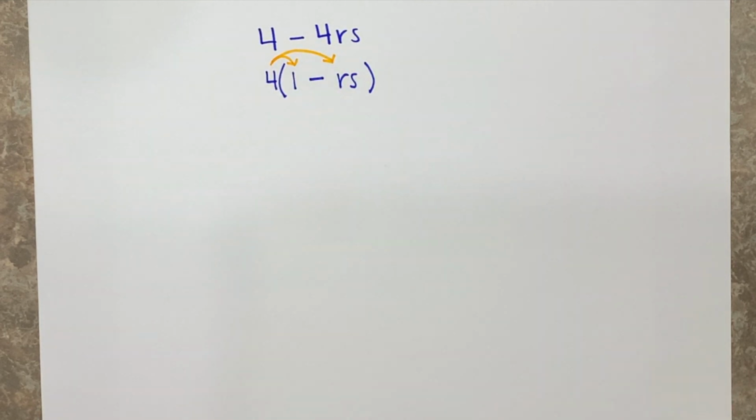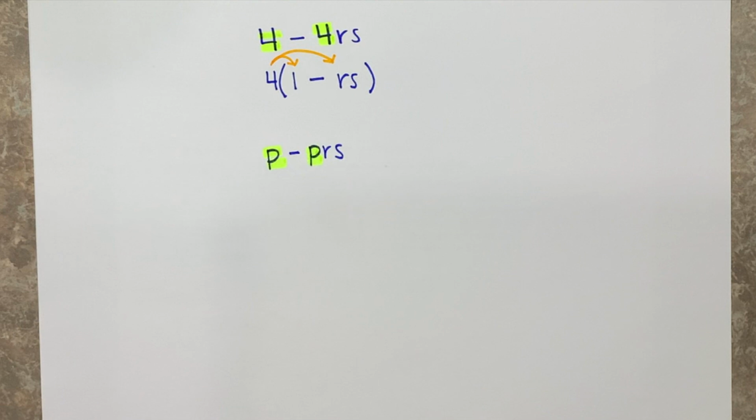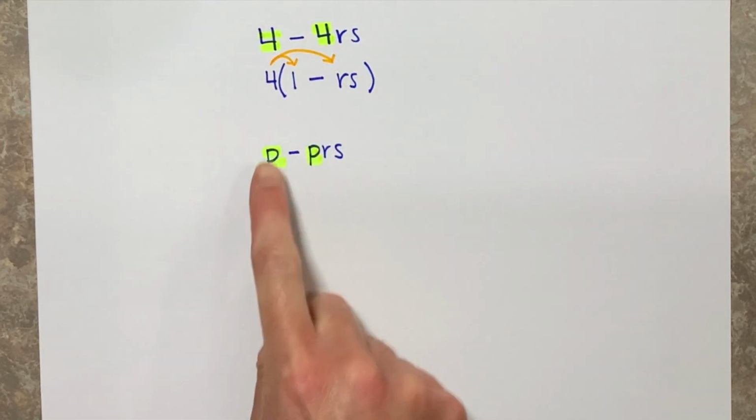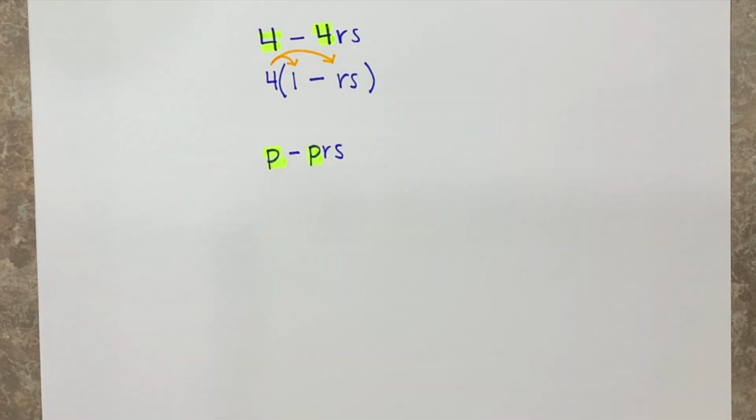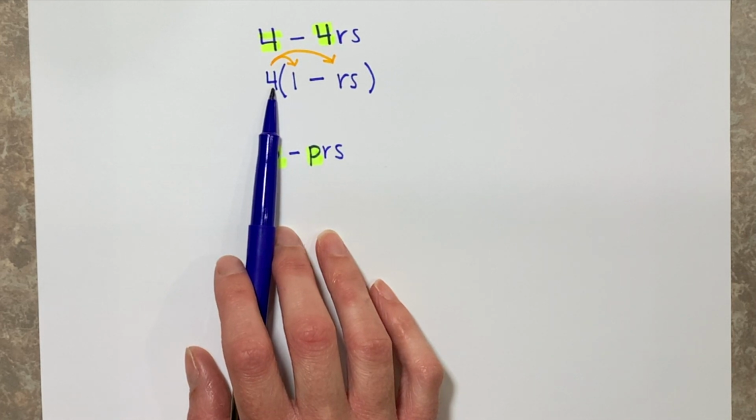Let's try to factor a similar problem. Let's factor the problem P minus PRS. Notice these are the same problem. The only difference is I've replaced the 4's with P's. So when you're factoring, the first step is to check for a greatest common factor. The greatest common factor here was a 4, so we put a 4 outside of the parentheses.